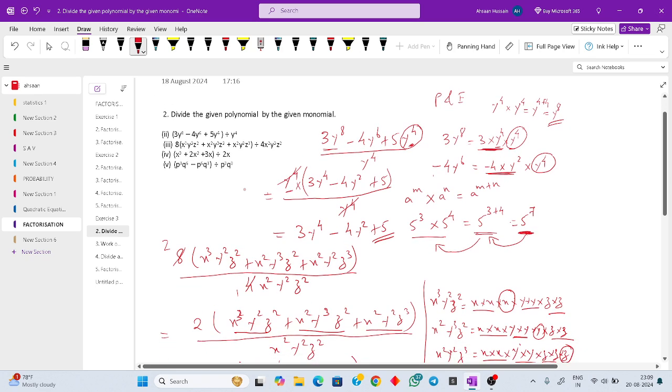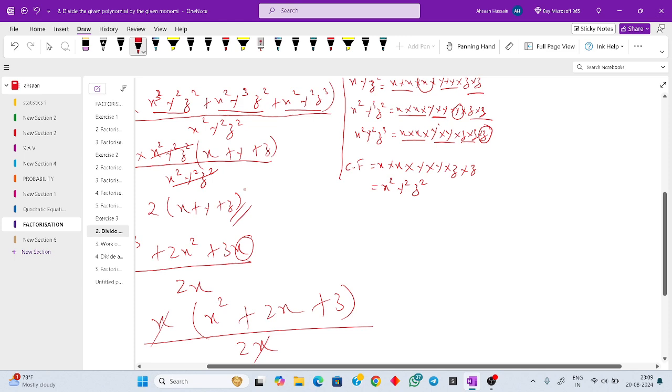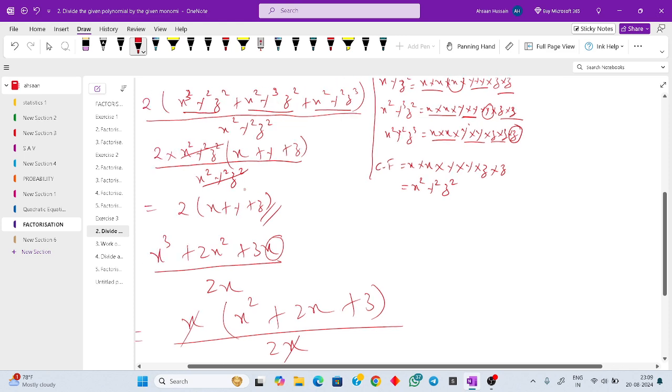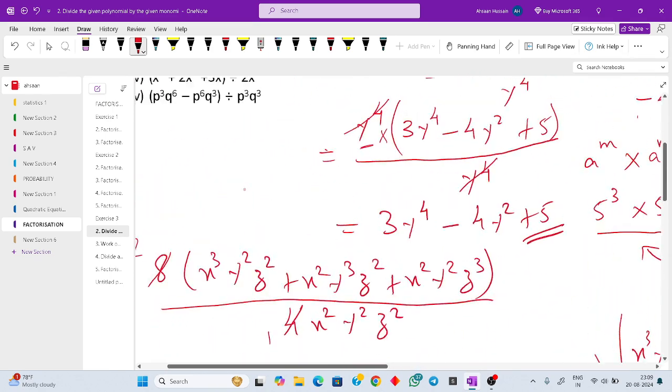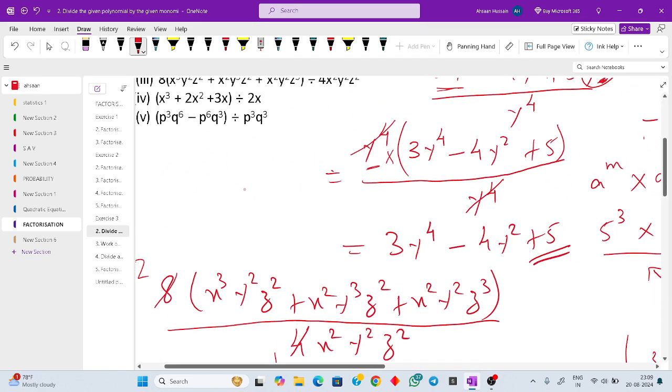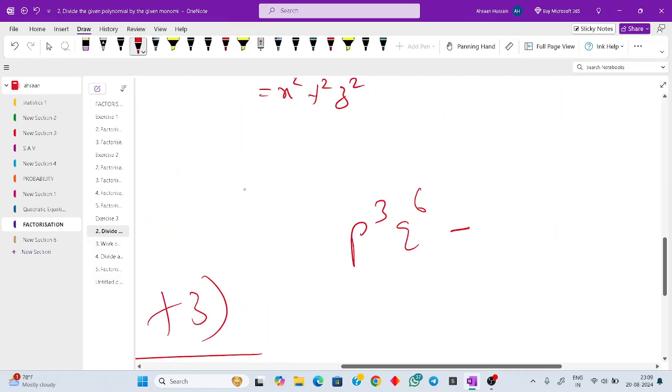The last one is p cube q6 minus p6 q cube, divided by p cube q cube.